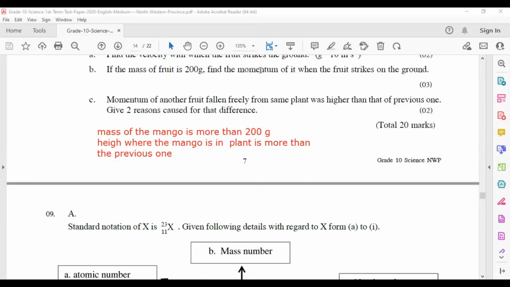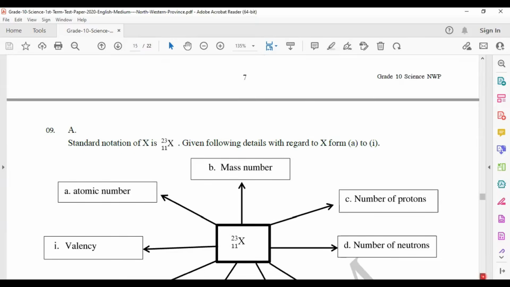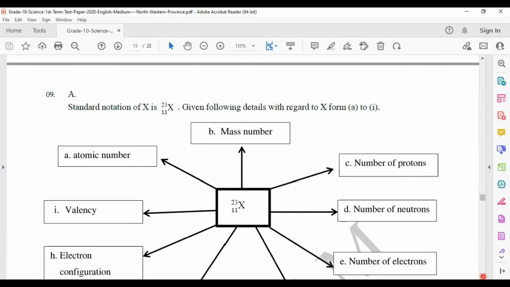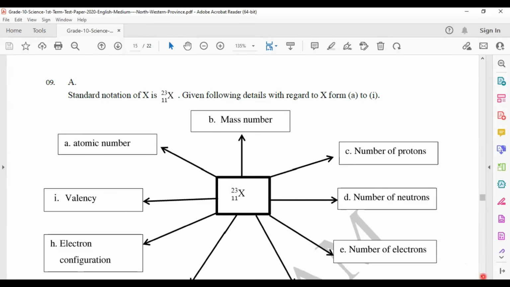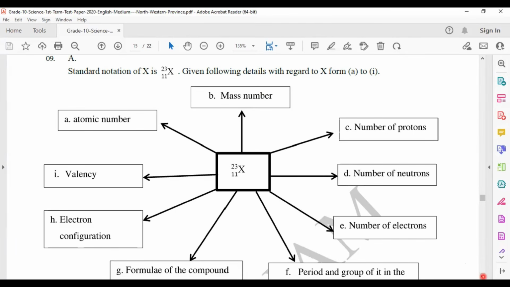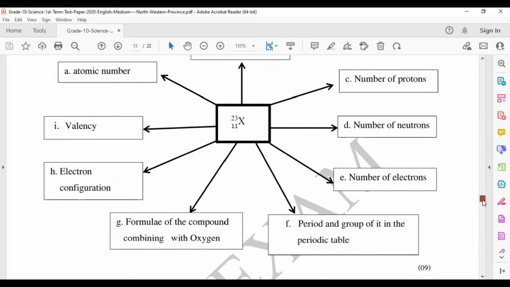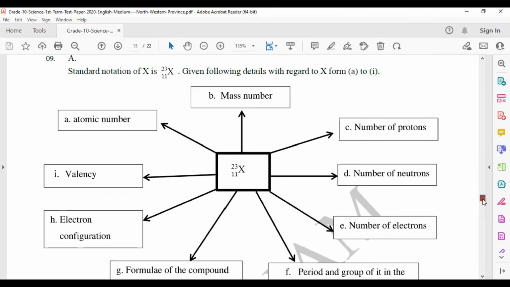Now we have to see the final question of the paper. Standard notation of X is X with 23 and 11. Given the following details with regard to X, from A to Roman number 1, you have to fill these values.